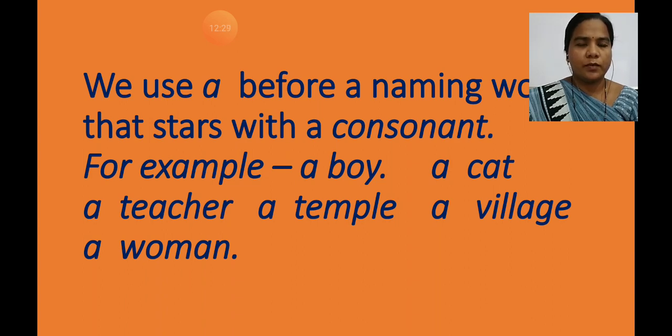So for that reason we have to use which word, a or an? We have to use a woman. So we use a before consonant sounds. The letter B consonant, the letter C consonant, T consonant, V consonant, W consonant. That is why we use a there.